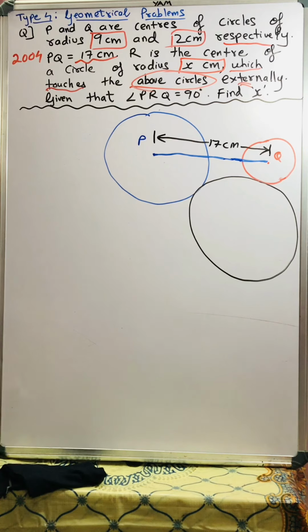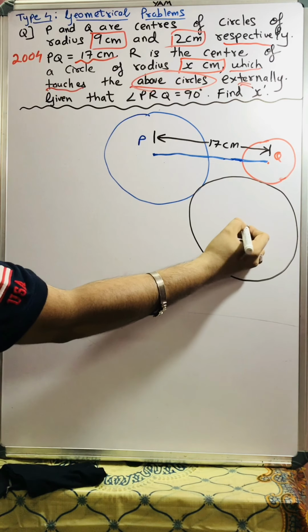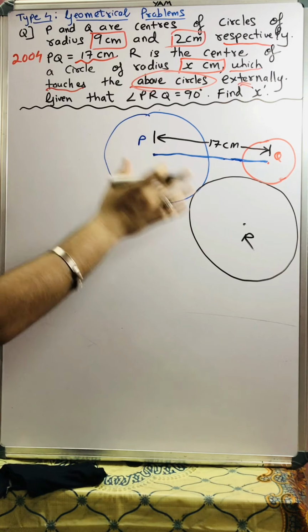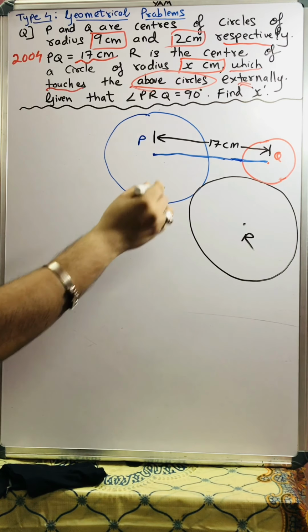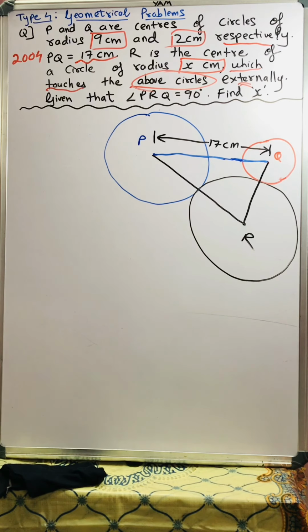Let us say this black color is the third circle. The center of this circle is given as R, and the radius is given as x. Up till now I have not written the radius anywhere. Okay, I'll just connect the points. I'll connect this PR. I'll just connect this QR. Okay, amazing.